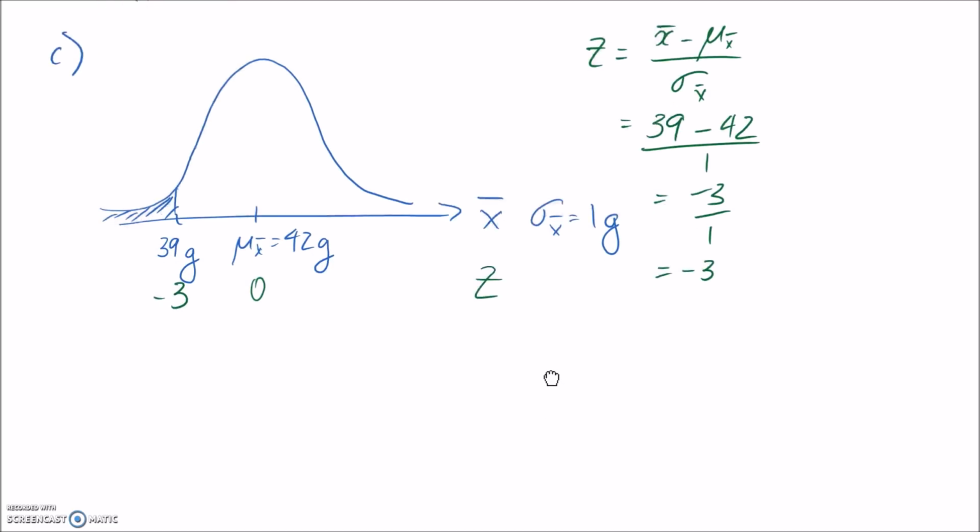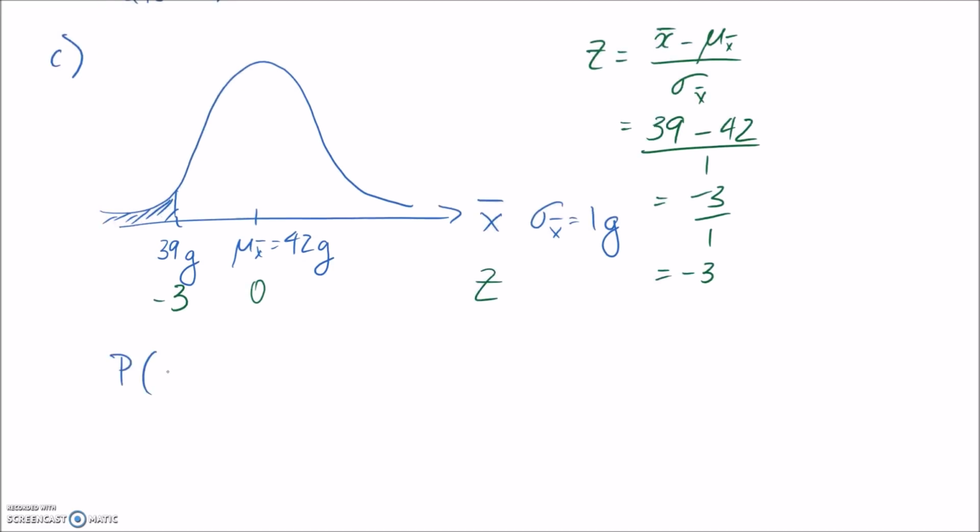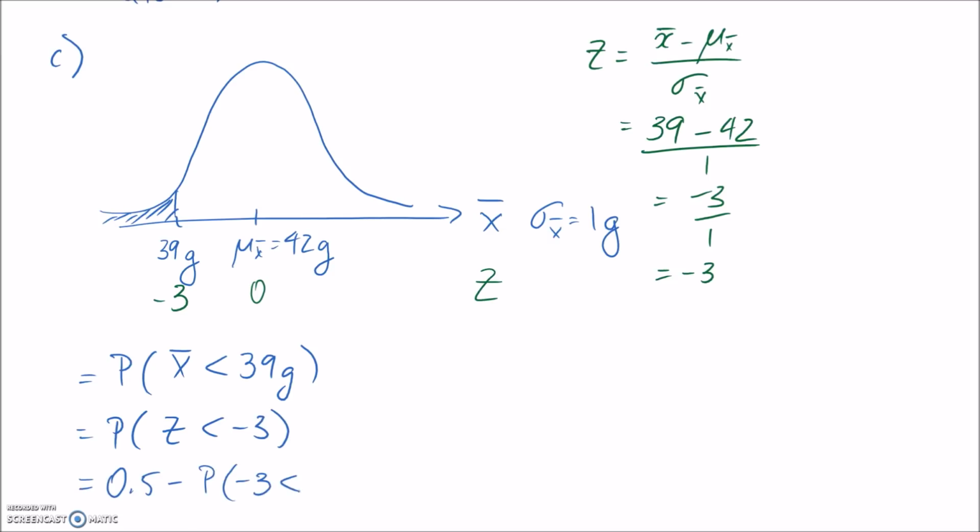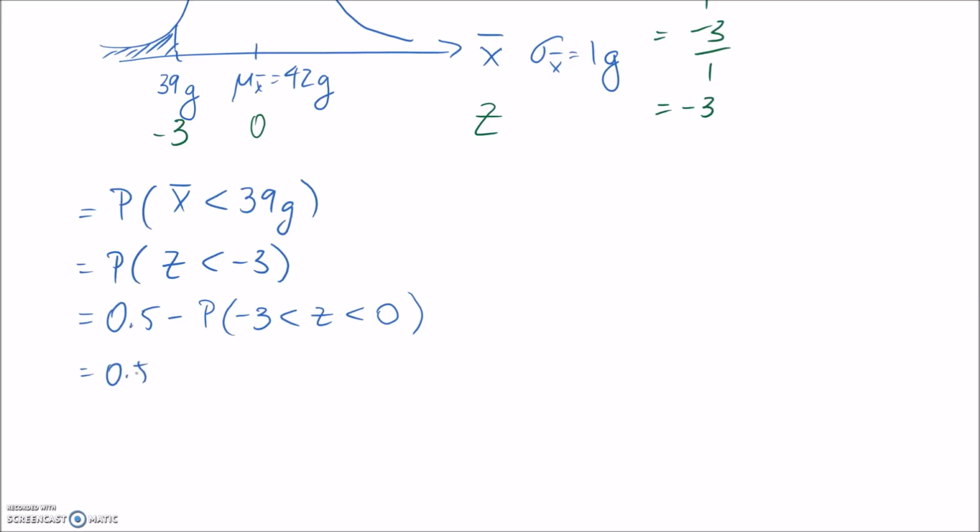So writing out our probability statements, we're interested in the probability that our mean is less than 39 grams, which is the same as the probability that the z-score here is less than -3. Again, doing our flipping around, same as 0.5 minus the probability from -3 to 0. And again, we can swap this over since it's symmetric, from 0 to +3.